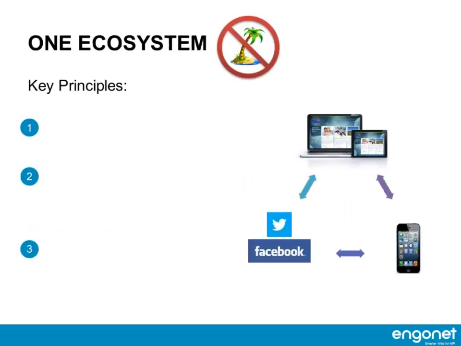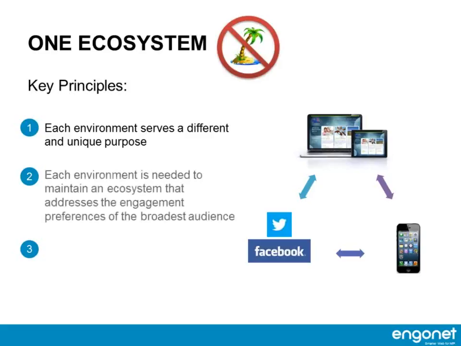So if you think about ecosystems, and I've found a very pretty clip art picture of an island here. I think this is a bit cheesy, but the concept is we don't believe in islands of content or islands of capability. We believe in ecosystems which have shared capability. So each environment, so you think about web, mobile, and social media, each serves a different and unique purpose, and each serves a subtly different demographic as well.